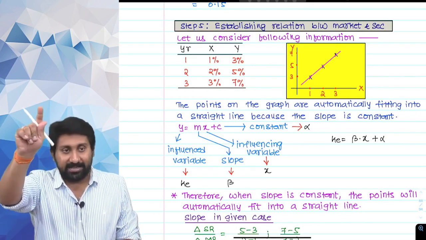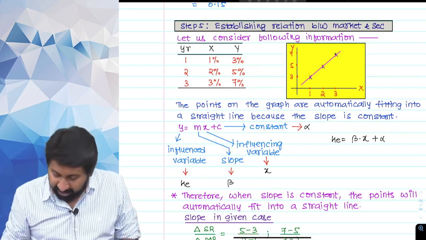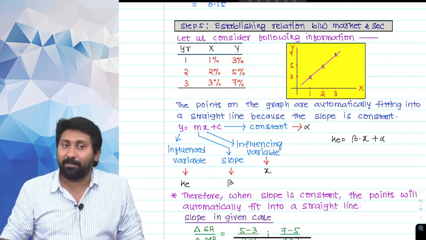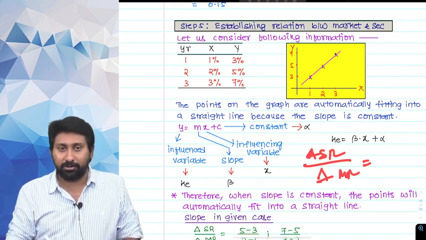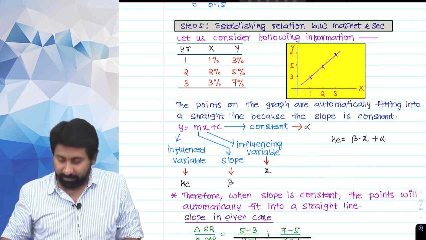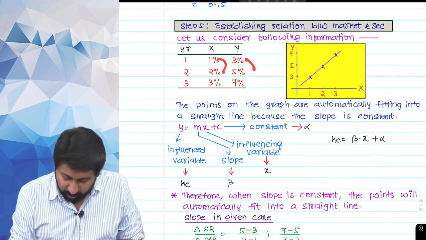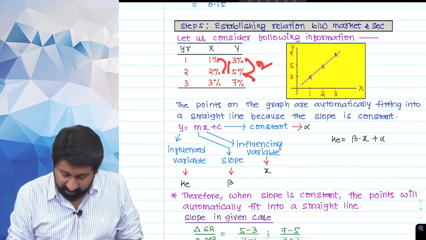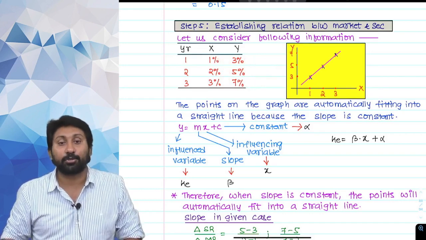In this case, you need not calculate beta using any other information. We can use the first beta formula, delta SR by delta MR. Delta SR is 2, delta MR is 1, so 2 by 1 is 2. So beta is 2 times.